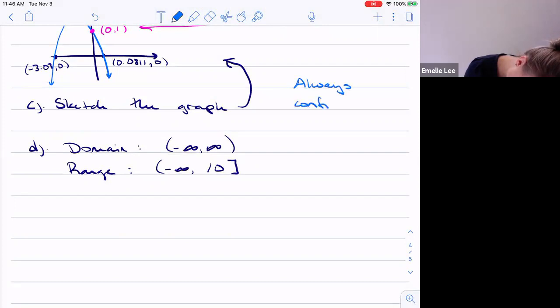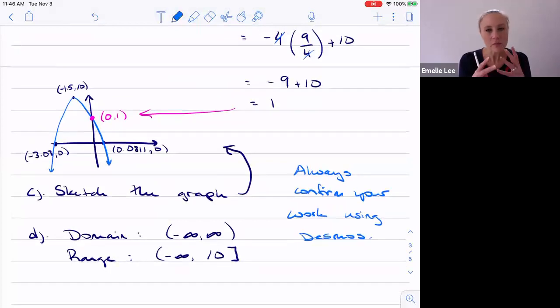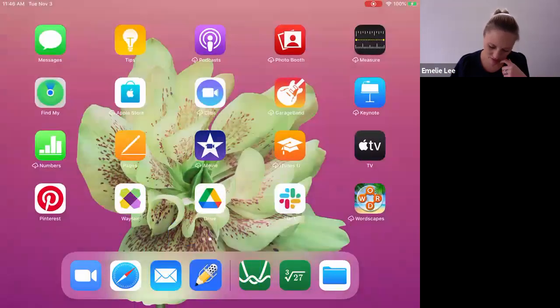Always confirm your work using Desmos. What you should do is graph the original function in general form, then graph the standard form, and make sure you get the same graph, otherwise something happened. Then check your vertex and your intercepts and the overall shape to make sure it looks like the sketch that you made. So I think I might still have it here in Desmos. Let's see.